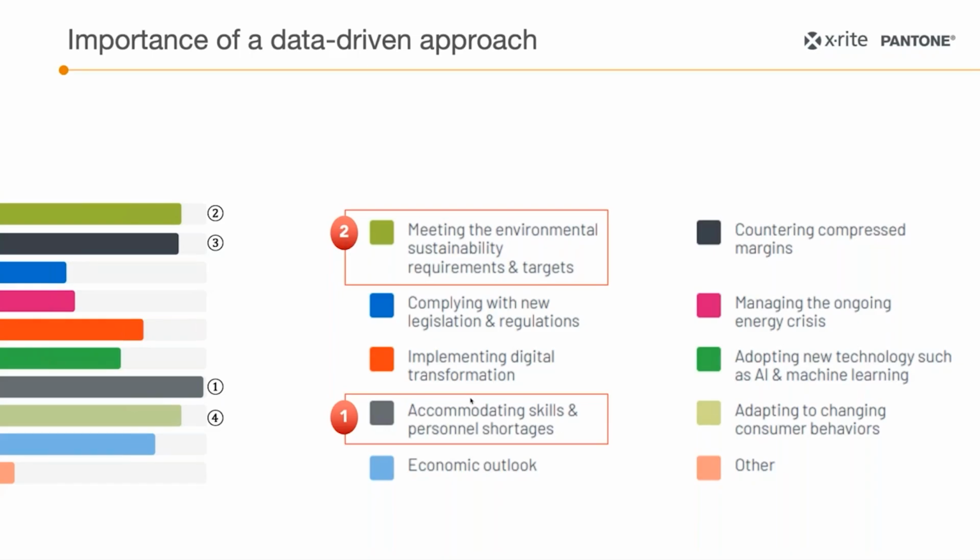A second topic was about environmental sustainability. We all know that many brand owners have in their core strategies a lot of focus on improving the environment and coming up with packaging that is more environmentally friendly. So that is a second placed concern that you all have. In the third place, there is, of course, the economical, the financial aspect of things, the compressed margins, because energy prices go up, substrates and material costs go up.